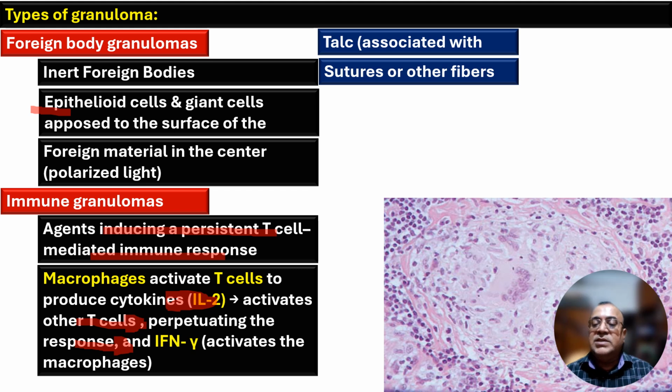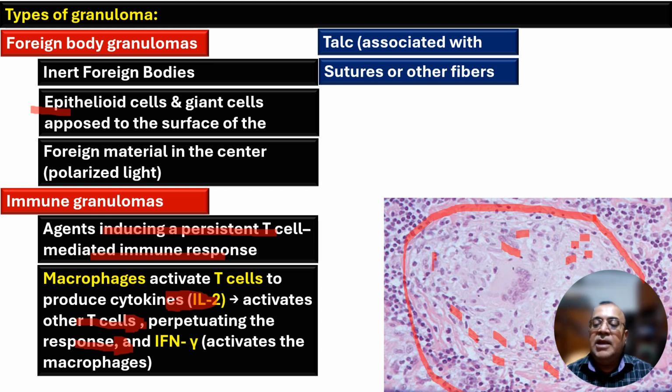So here you can see there is a granuloma, and this can also be subcategorized as non-caseating. There is no necrosis within this granuloma. There are these epithelioid cells, which are altered macrophages with more secretory activity.